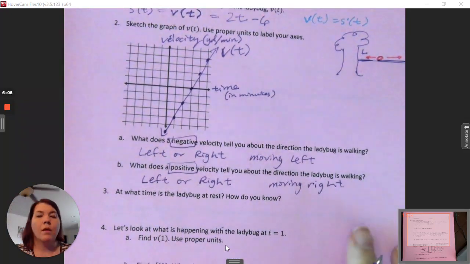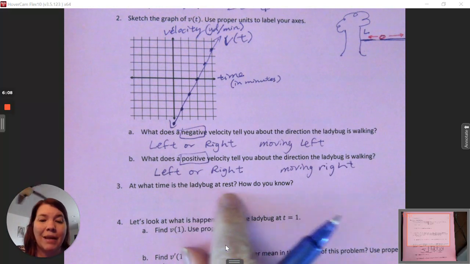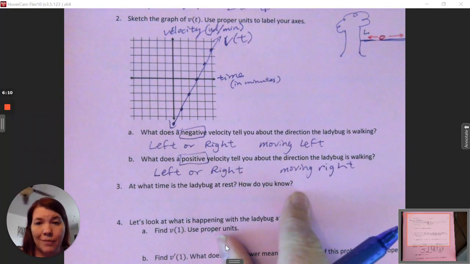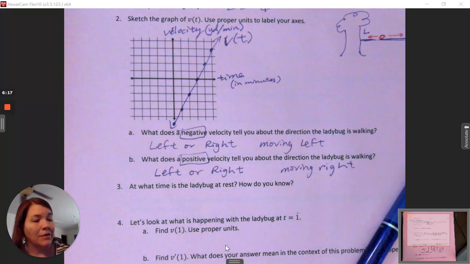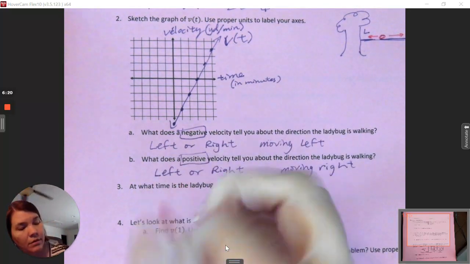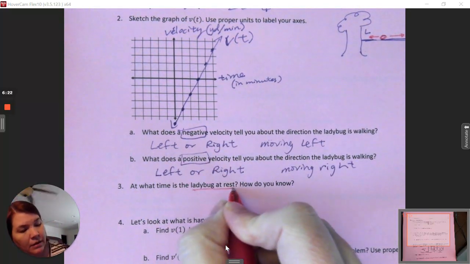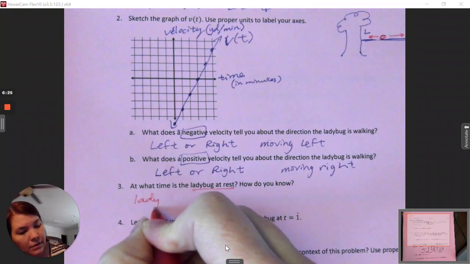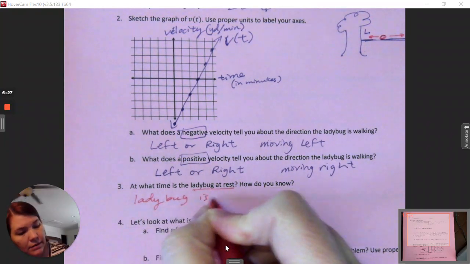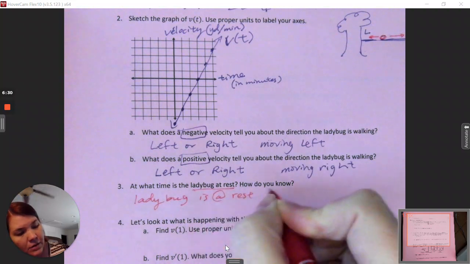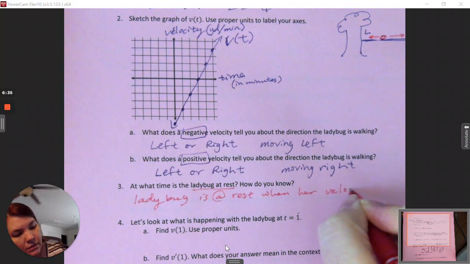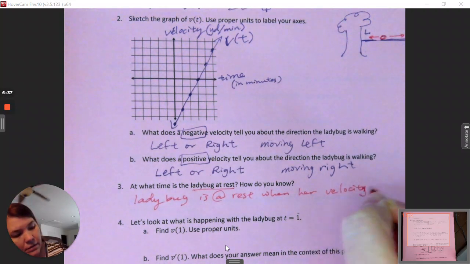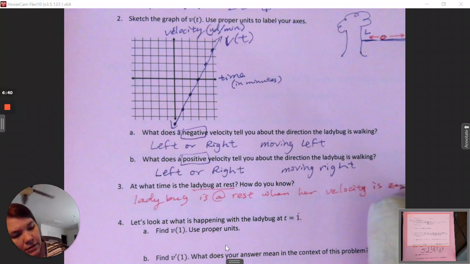Okay. Question number 3. At what time is the ladybug at rest, and how do you know? The ladybug is at rest when her velocity is equal to 0, because then she's not moving.